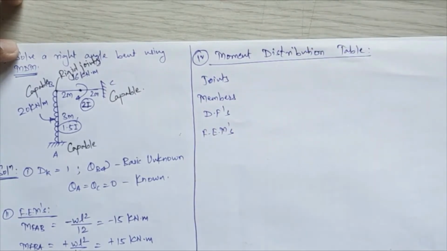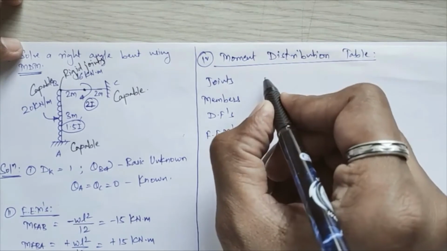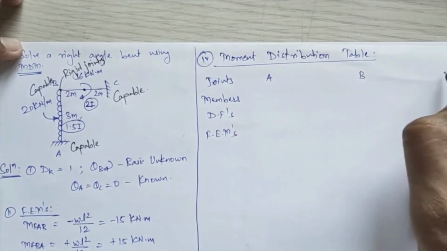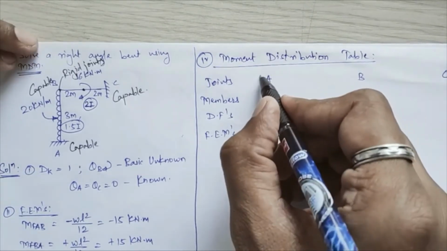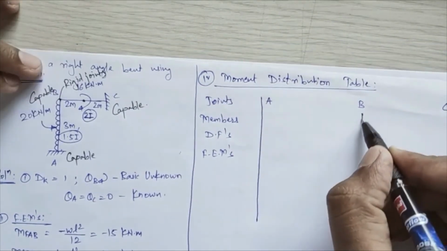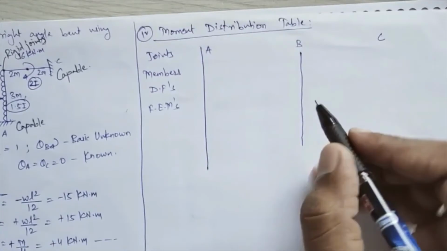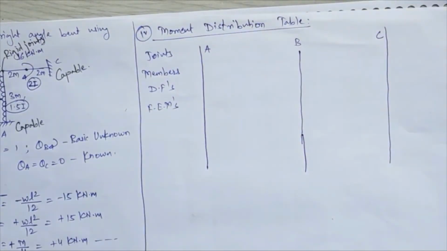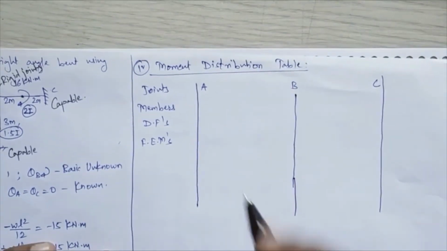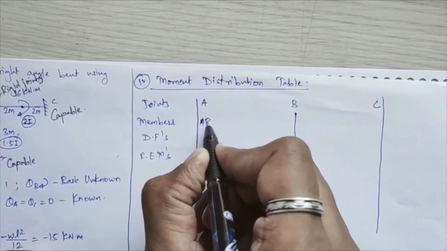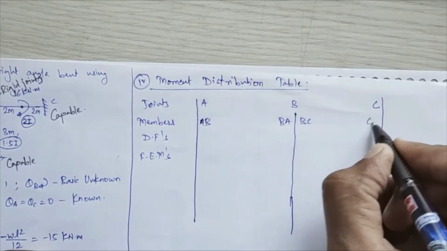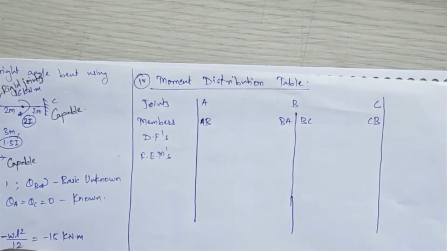So which joints do you have to consider? All the joints in your complete beam or frame. So the first joint is A, second joint is B, and third joint is C. I'll write the members meeting at joint A: AB; at joint B: BA and BC; and for C only one member I am having, that is CB.